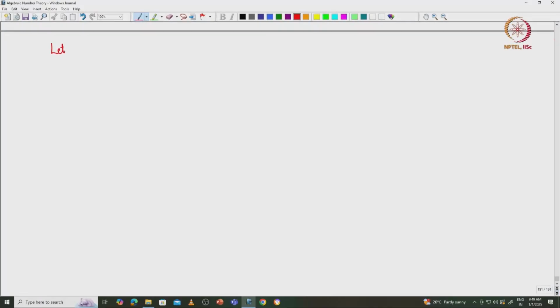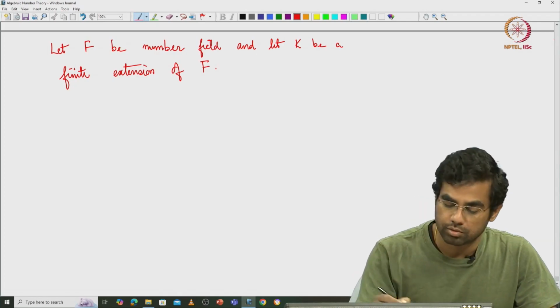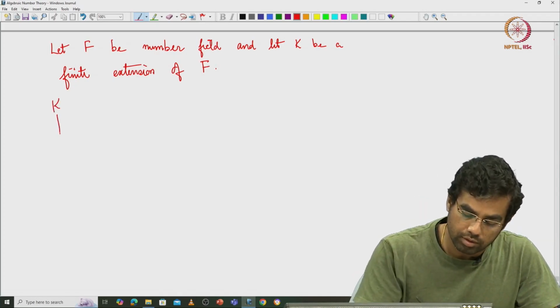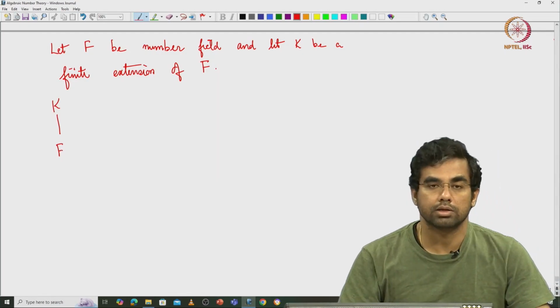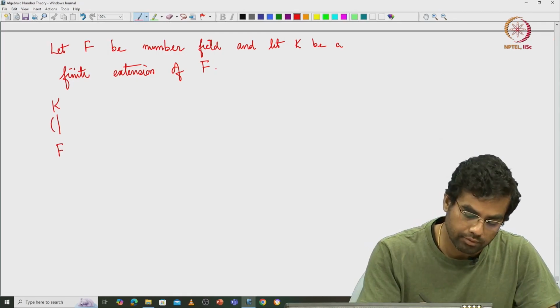Let F be a number field and let K be a finite extension of F. Usually I like to denote this in terms of a diagram like this. So, K is a finite extension of F.